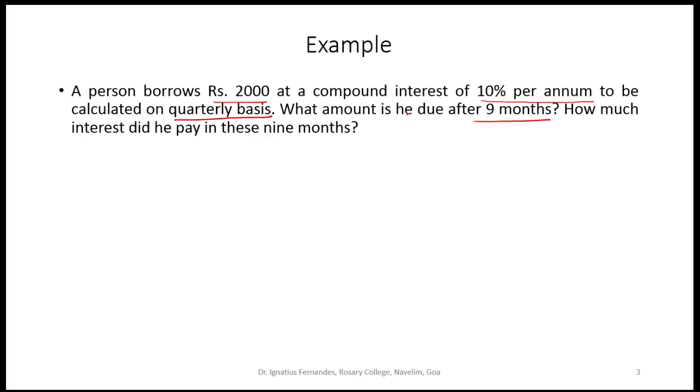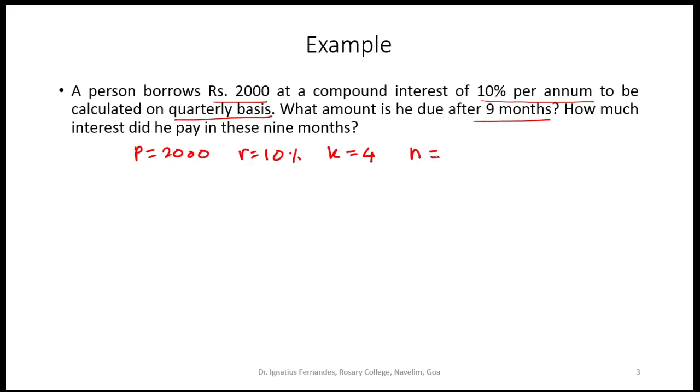Okay, so basically a person has borrowed rupees 2000. So this 2000 refers to the principal amount at a compound interest of 10%. So R is equal to 10%, and the interest is to be calculated on quarterly basis. So K is equal to 4. We want to find out what is the amount after 9 months.